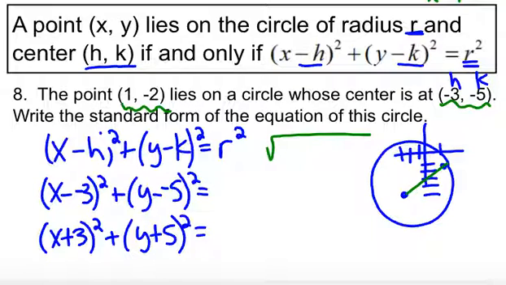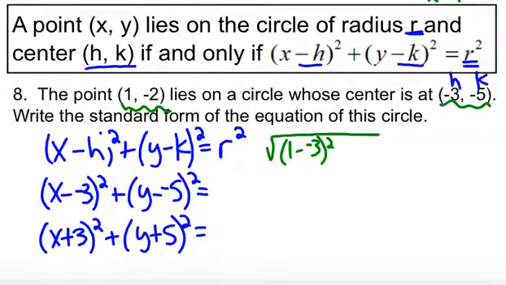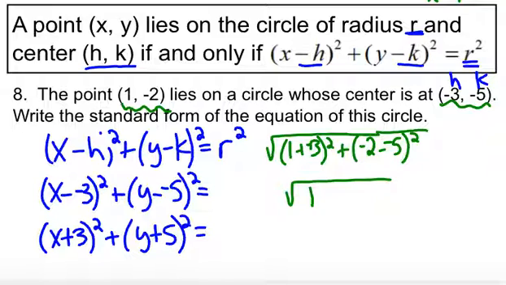So our distance formula is x minus x squared, plus y minus y squared. So let's see, that's 4 squared, plus 3 squared.